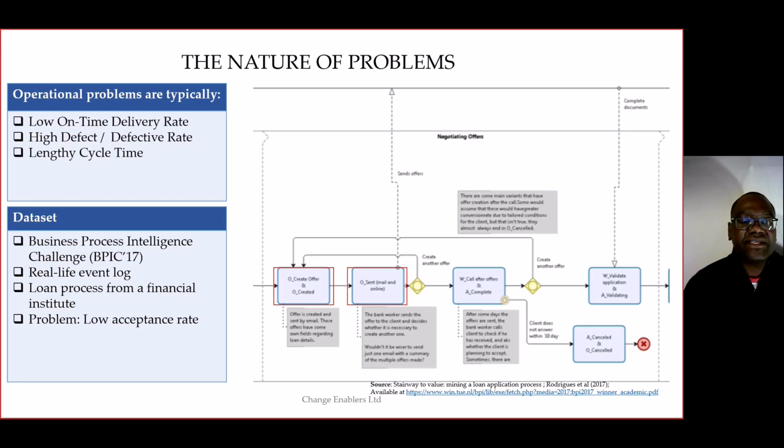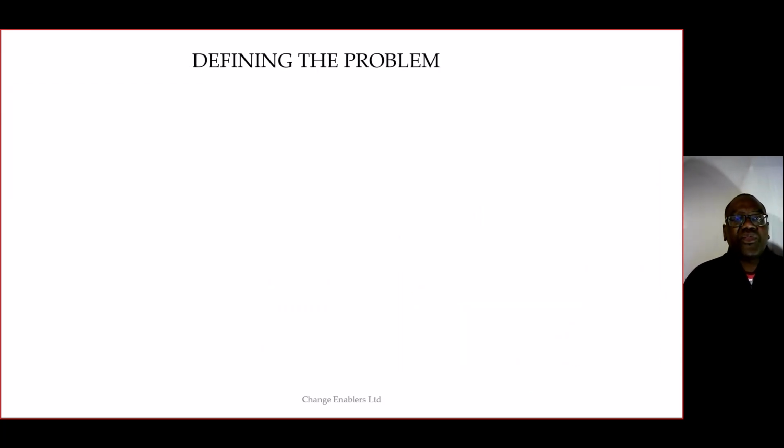Subsequently, the customer is contacted, and then the customer either accepts or declines the offer. The implied problem is that the acceptance rate is lower than expected. So let's walk through an example of how we would define this problem and obtain a problem statement.